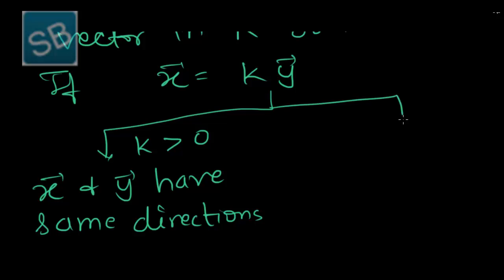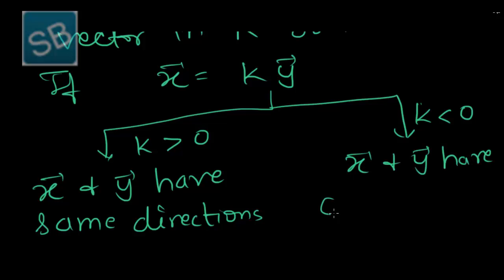And if k is less than 0, then vector x and vector y have opposite direction.